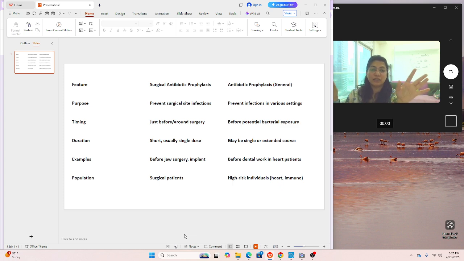Antibiotic prophylaxis in general, if I'm not using the word surgical, if I just say this patient needs antibiotic prophylaxis, is to prevent infection in general, not just limited to the surgical site. Are you getting my point?